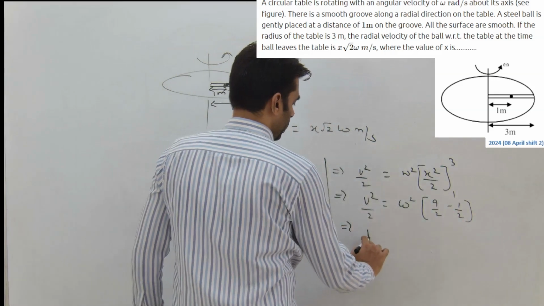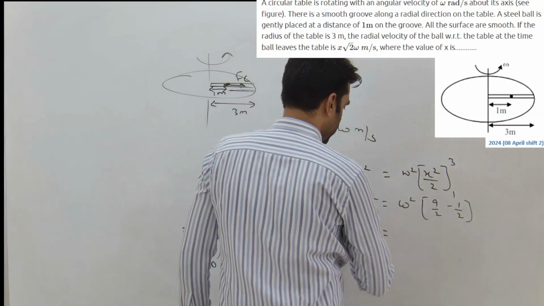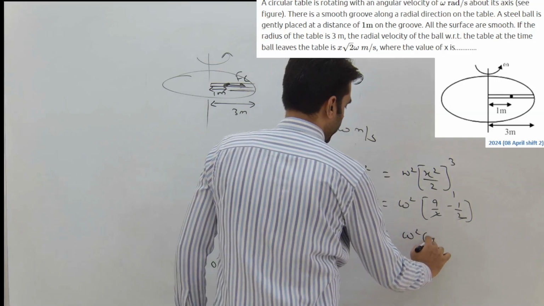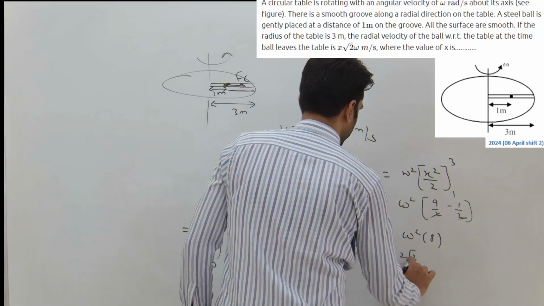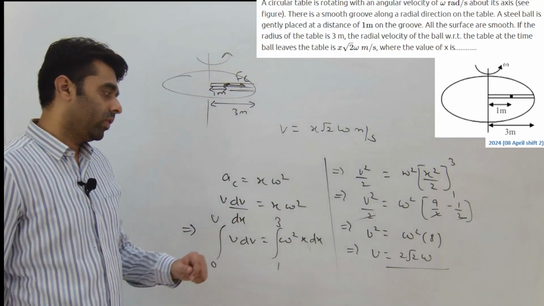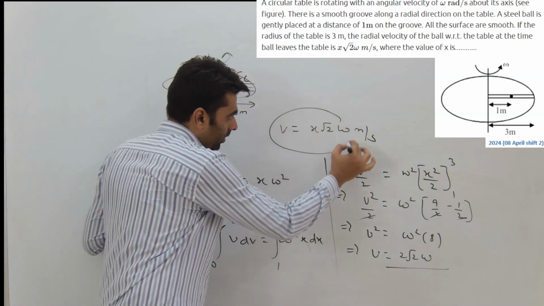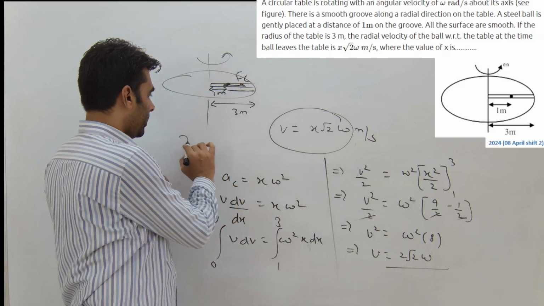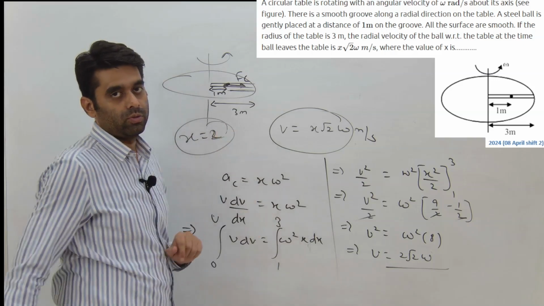So v square equals, here 2 will cancel out, omega square into 8. So the v value is 2 root 2 omega. The radial velocity with respect to the disc comes out to be 2 root 2 omega. This is what was given to us in the question. If you compare it, we can say that x equals 2.